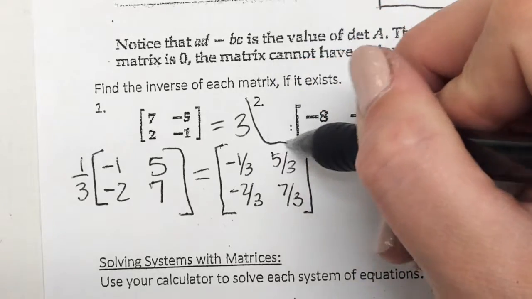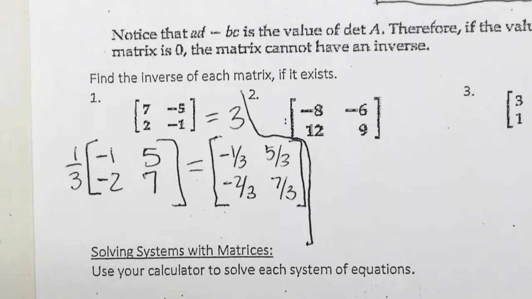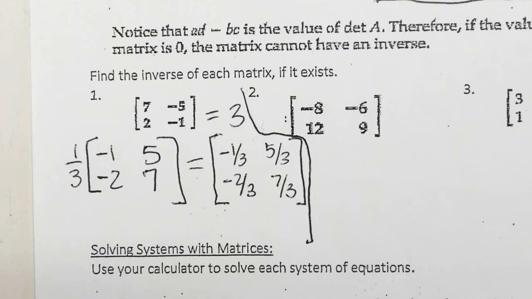Alright, if there's no questions. You have any questions? Find the determinant of number 2 also, so we can go ahead and start. What did we get? 0?